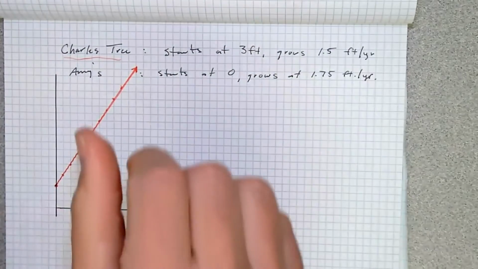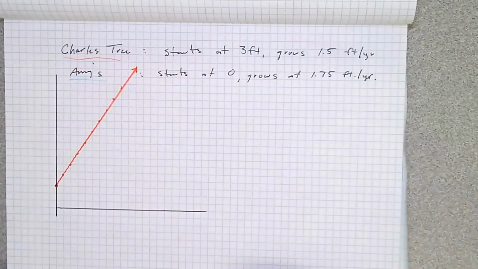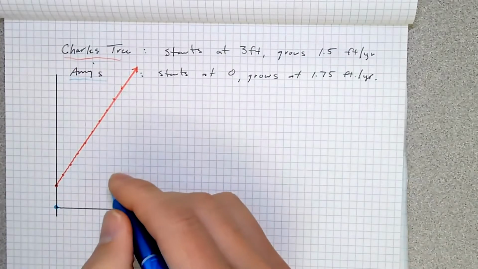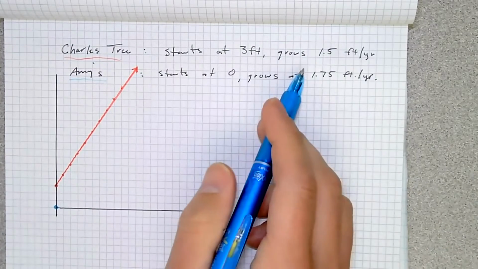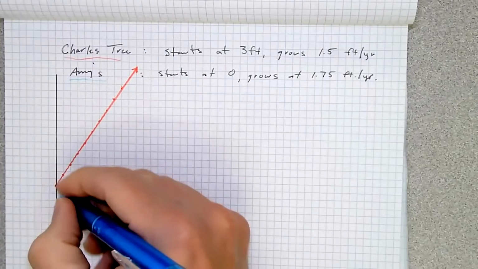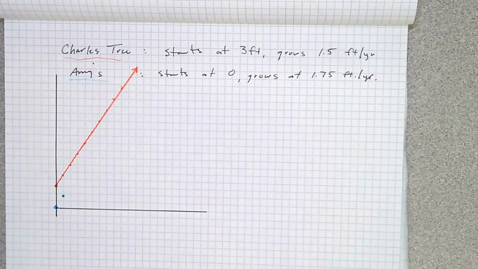And then we have Amy's tree, which starts at 0, growing 1.75 feet per year, makes it a little bit more difficult because we got to go up 3/4 each time.